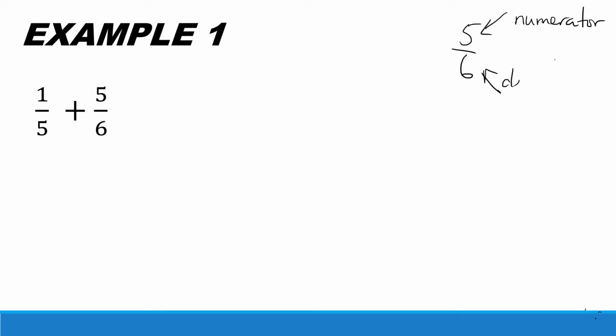Our first example is 1 over 5 plus 5 over 6. Let's first identify the denominator and the numerator. So in 5 over 6, the top number is known as the numerator and the bottom number is known as the denominator.